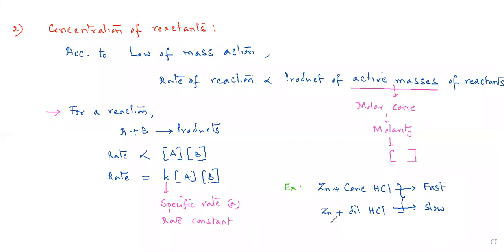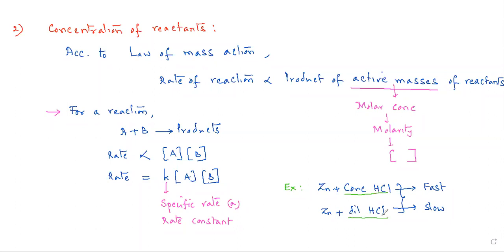It can in fact be explained on the basis of the collision theory of reaction rates, about which we will be discussing later. But for now, remember, the concentrated HCl will have more molecules per unit volume, so you'll have more collisions taking place.